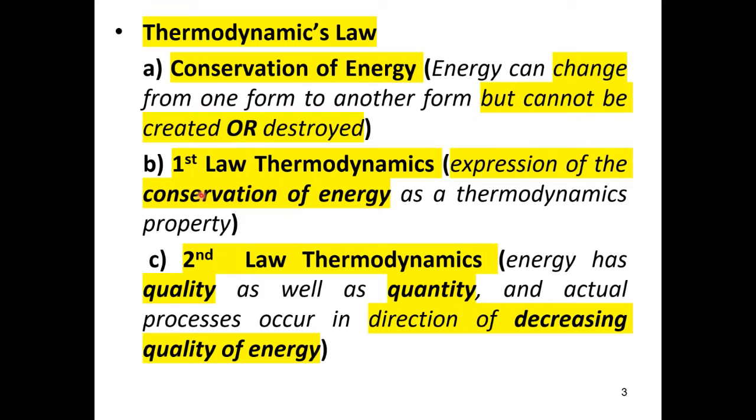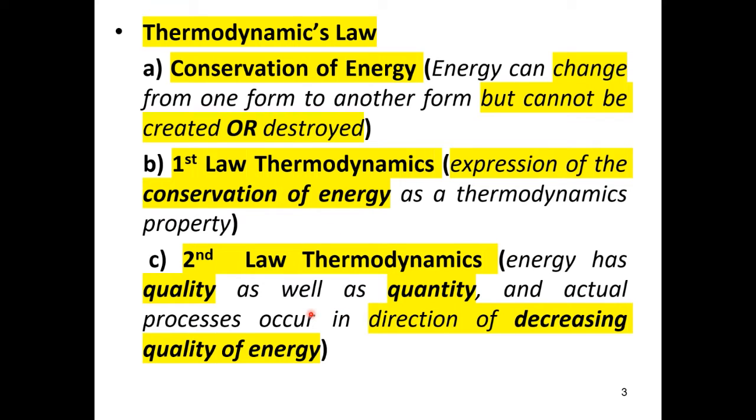The second one is the first law of thermodynamics. It is an expression of the conservation of energy as a thermodynamic property. So using the first law of thermodynamics, you are actually measuring the conservation of energy, or trying to define it as a thermodynamic property. We will see this later.